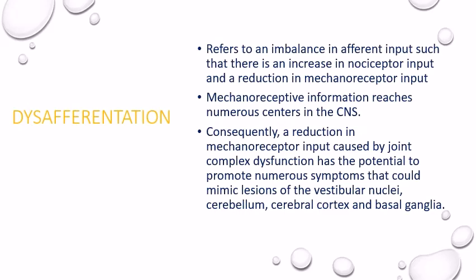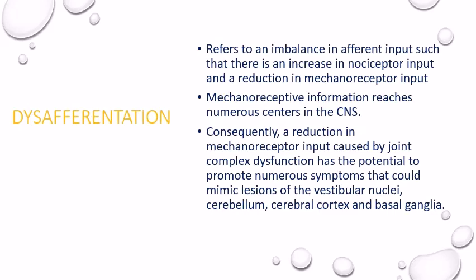So an increase in mechanoreception would cause modulation of pain. However, when we have a decrease in mechanoreceptor input, such as a subluxation, that will result in an increase in nociception. That is why many times when a patient has a fixated or subluxated joint in their spine, they have pain associated with that area or with that joint as well.